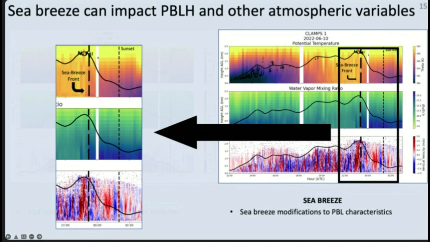So the algorithm is a fuzzy logic algorithm, and so it's working in terms of aggregate, right? It'll take time for the atmosphere to respond in enough of a way for the aggregate to respond to the sea breeze effects. So what we're seeing is a gentle decline in the boundary layer height detected instead of a step change.